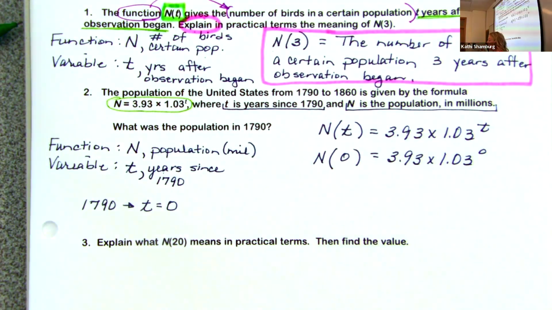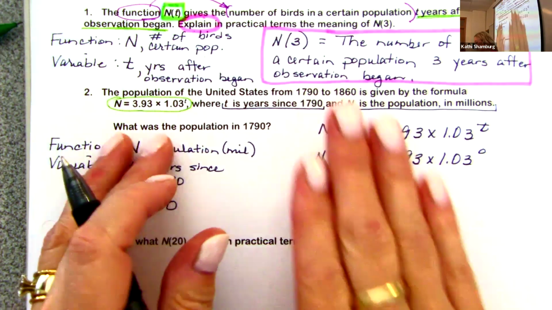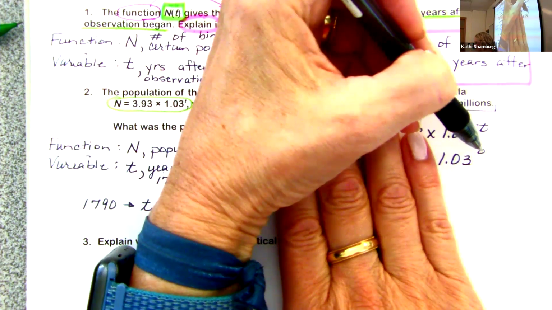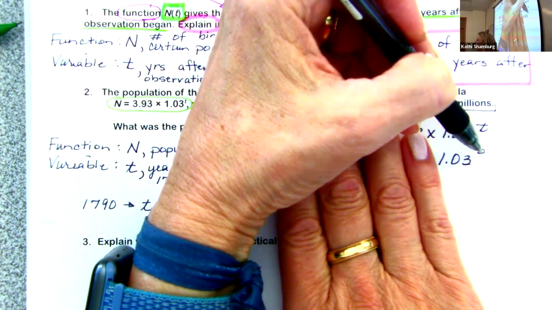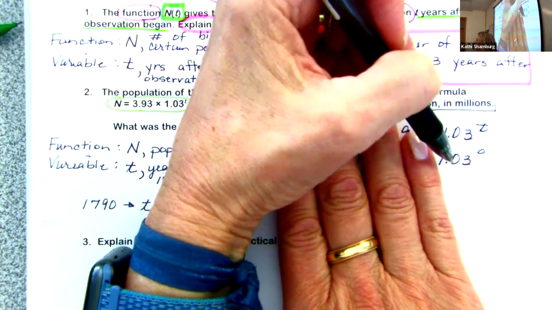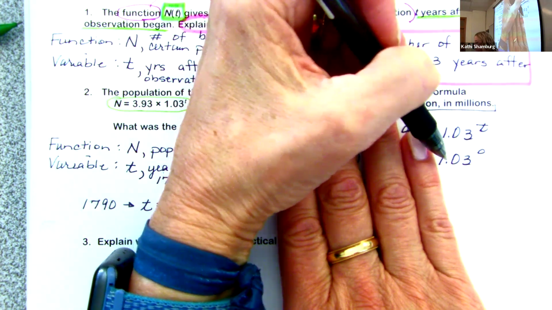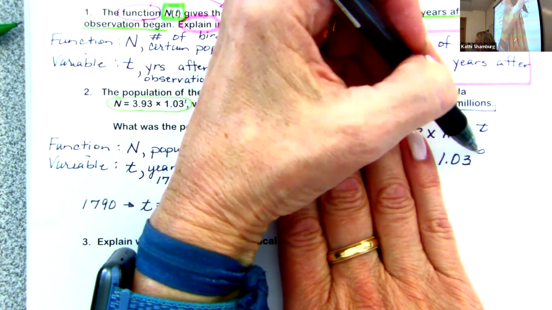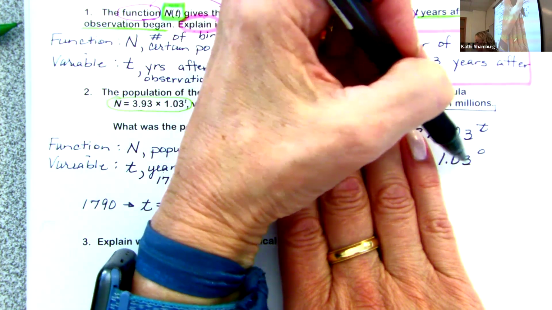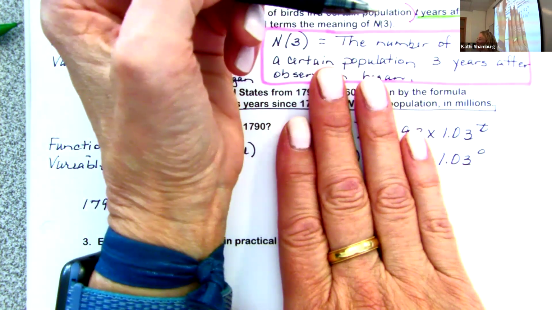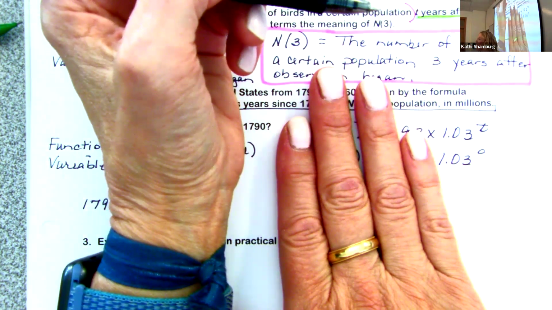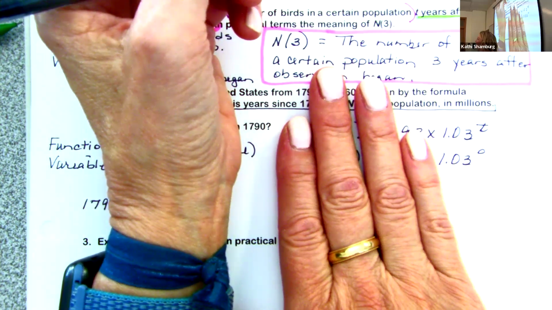Now, you can go to your calculator and calculate this, and that's perfectly fine. I'm going to ask something, and if you don't know the answer, that's fine. Raising any number to the 0 power is a unique value. Whether this was 1.03 raised to the 0, or 25 raised to the 0 power, does anybody know what raising to the 0 power is equivalent to? 1.